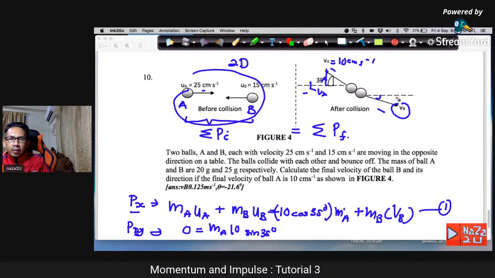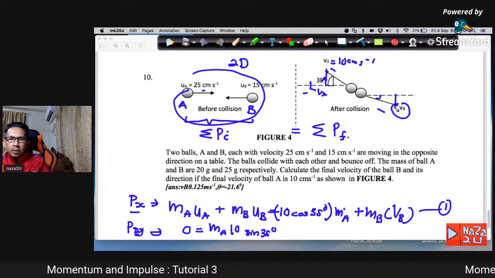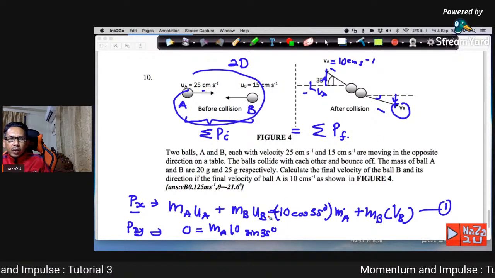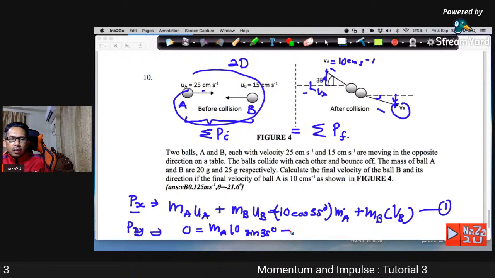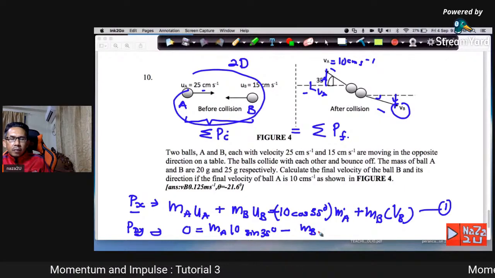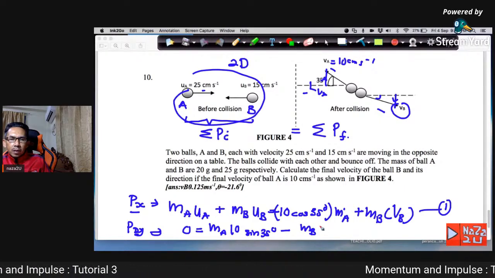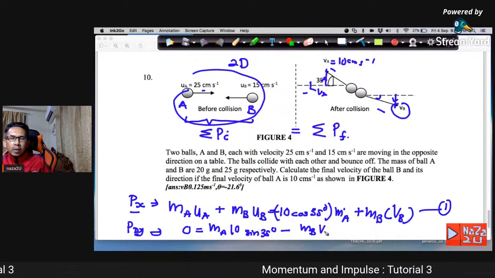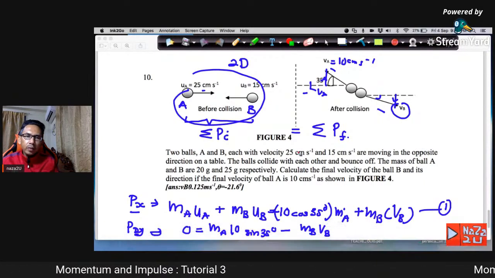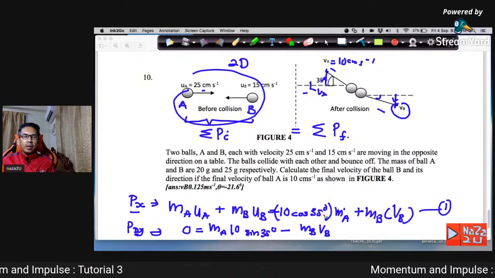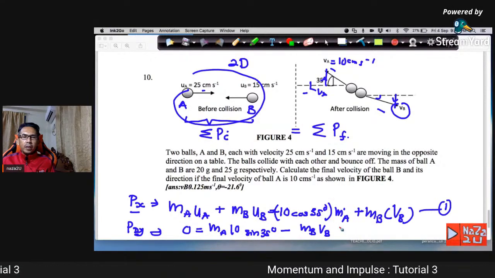And the second part is VB here, direction downward for the VBY, so we use negative. Mass here is MB times VB. This is for the second object B, and this is the second equation.